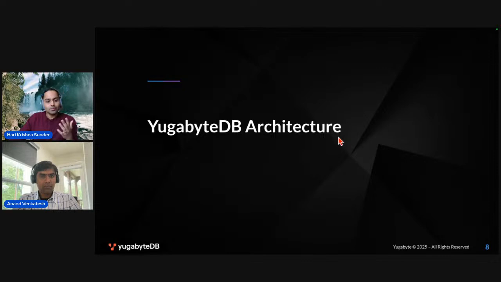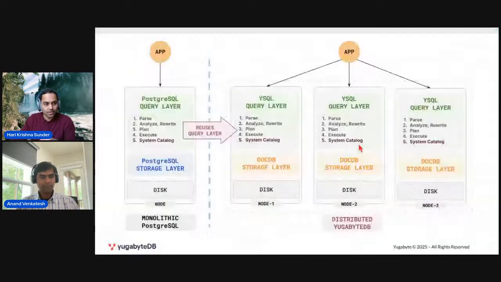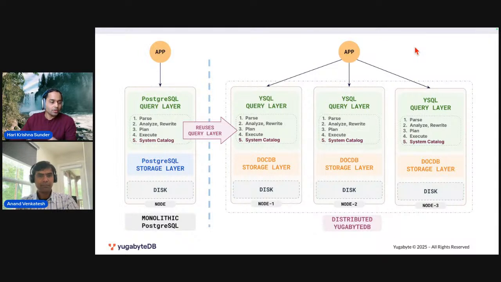Now, stepping back, looking at Yugabyte, I'll do a high-level overview of what Yugabyte is in the context of the upgrade. Yugabyte uses Postgres. The upper half of Yugabyte is Postgres. We take the query layer, which consists of the parser, the analyzer, the query planner, statistics, and the execution engine itself.